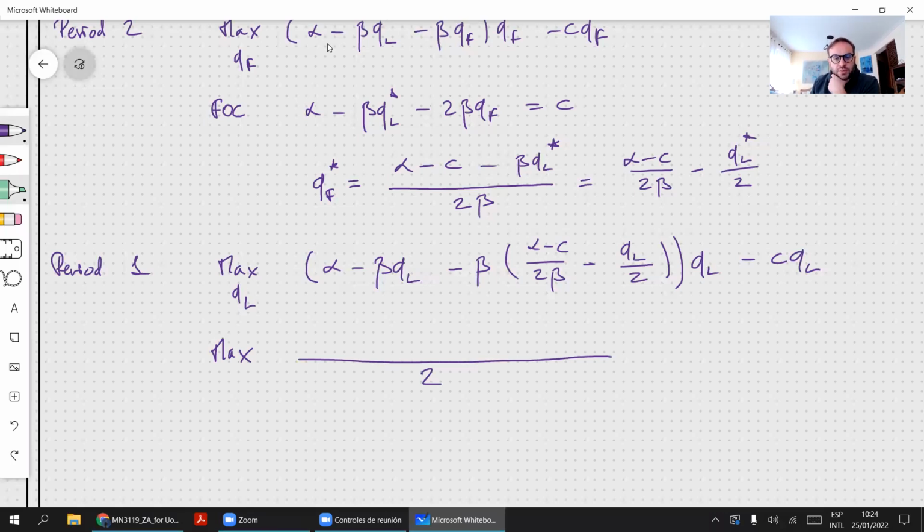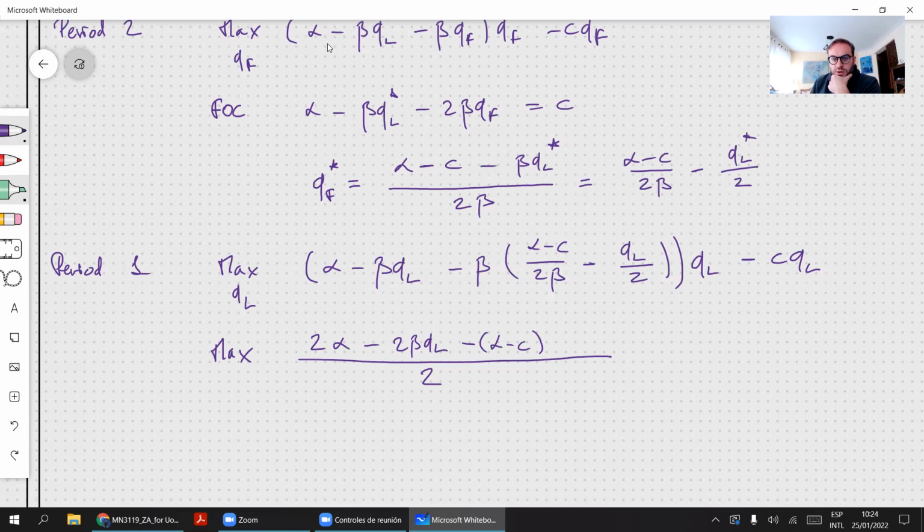So 2 is my common denominator, and I can put everything inside of this. So I will have 2 alphas, then I will have minus 2 beta QL, then I will have minus beta times alpha minus C divided by beta. So the betas are going to be canceling each other out. So this is alpha minus C. And then I will have, so the common denominator is 2 here.